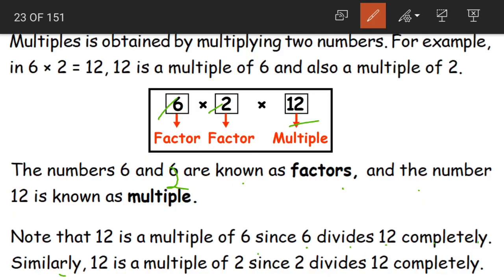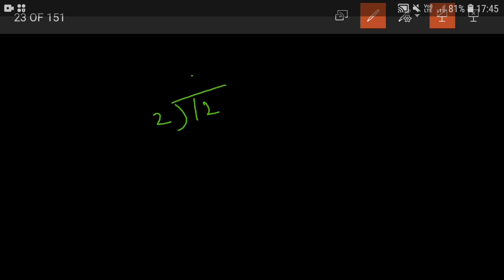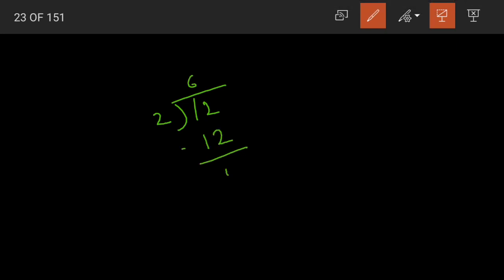In the same way, 12 is a multiple of 2 since 2 divides 12 completely. When we take 12 divided by 2, we have 2 6s are 12. Yes or no? And when we subtract, 0 is our remainder.